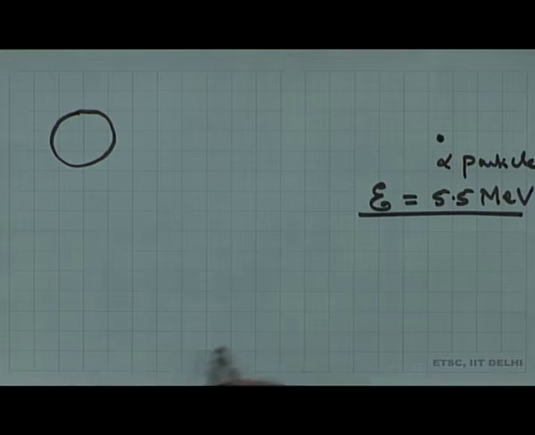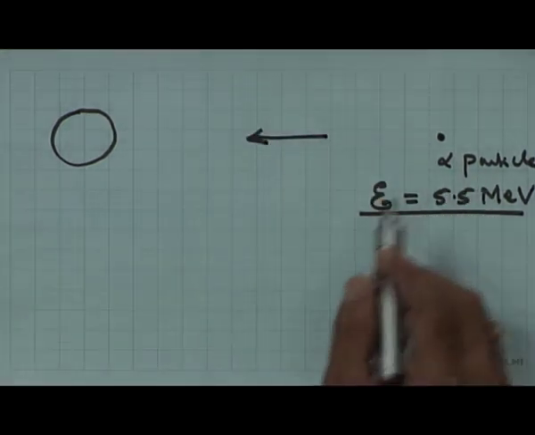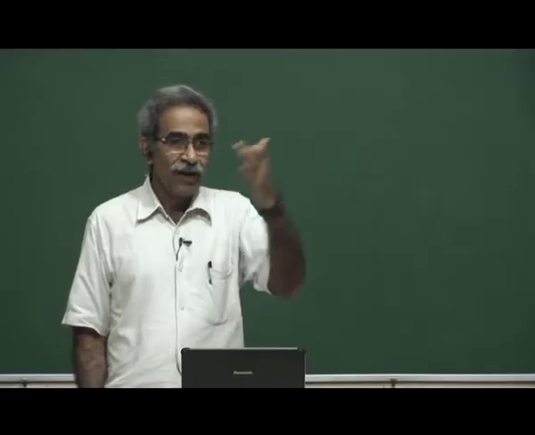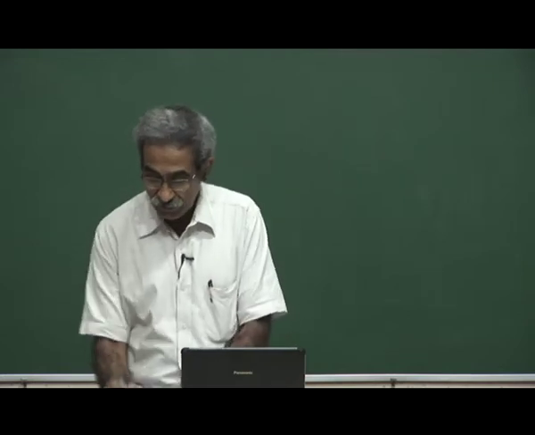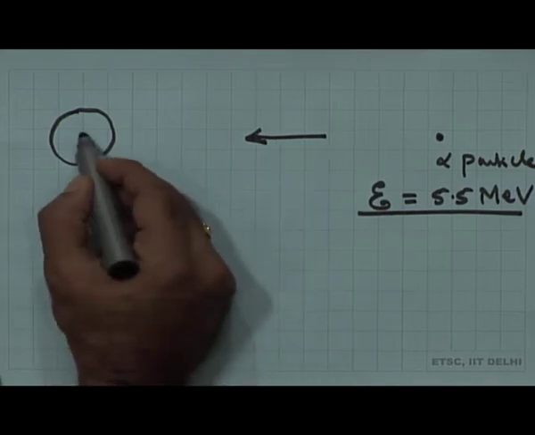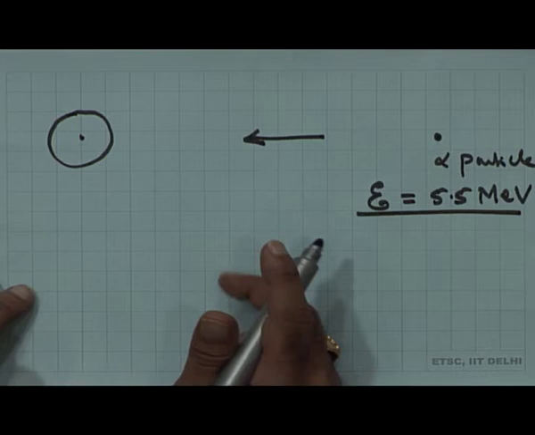This alpha particle is shot by the radioactive nucleus in this direction. Of course, the radioactive nucleus emits alpha particles in all directions, but I have put two lead shields which collimate, selecting those alpha particles coming in this particular direction, and then as it moves, it starts experiencing the field produced by this positive charge.